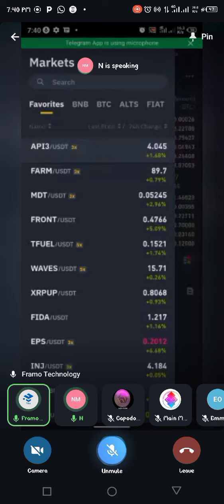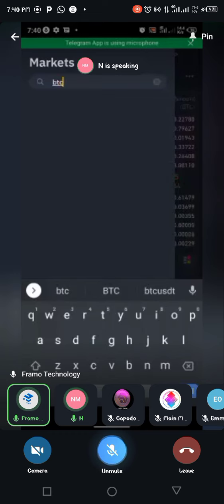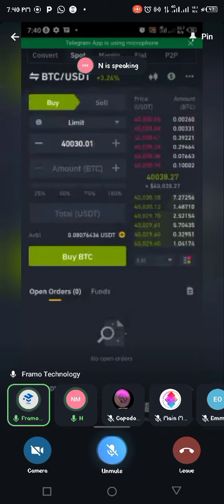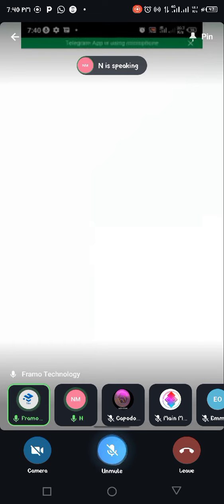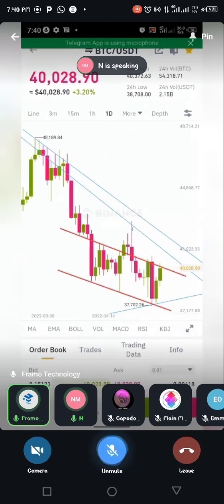If it doesn't reverse, they are fine. BTC, USDT. Okay. Wow. Okay.